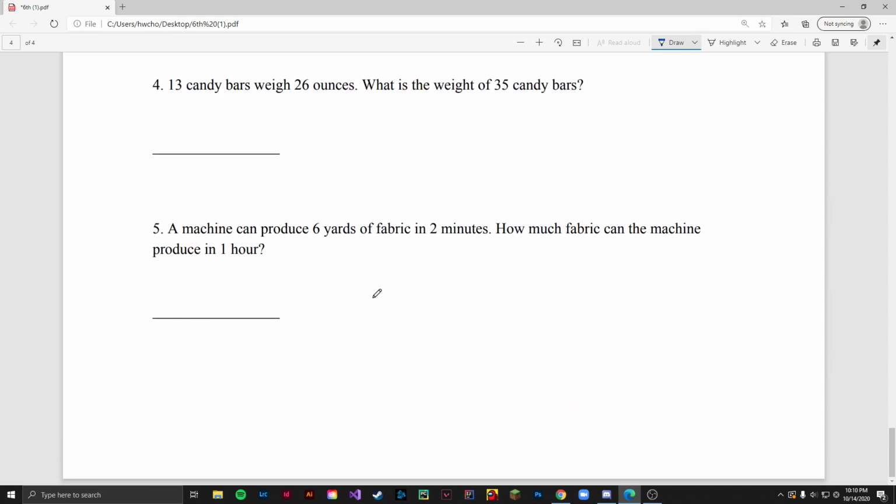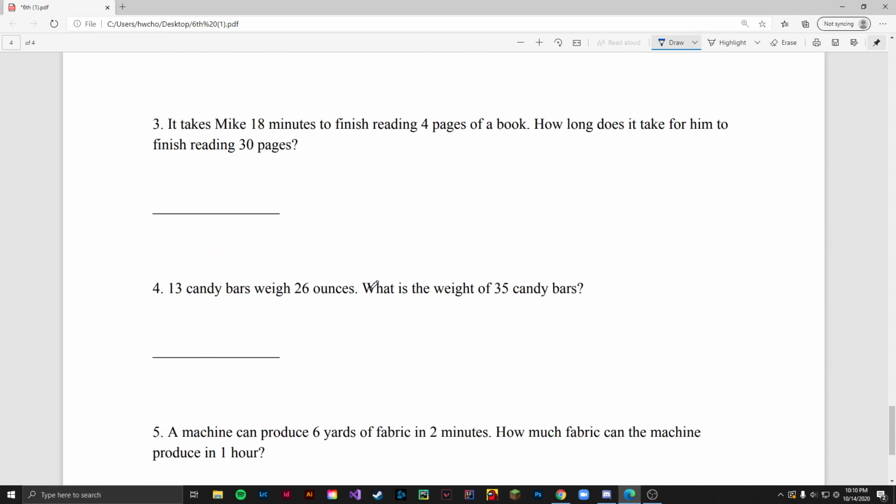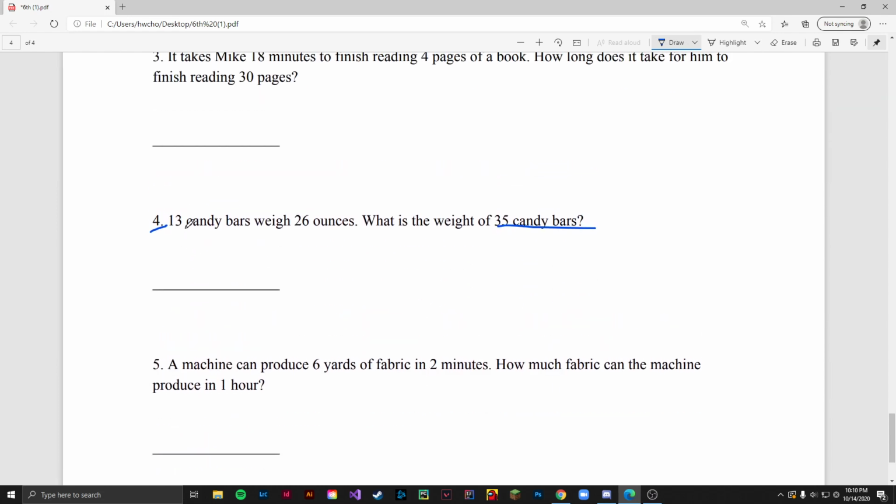So let's go over number 4. 13 candy bars weigh 26 ounces. What's the weight of 35 candy bars? Well, let's find out how much one candy bar weighs, right? So you get 26 ounces. We're trying to find weight per candy bar, okay? Ounces per candy bar.